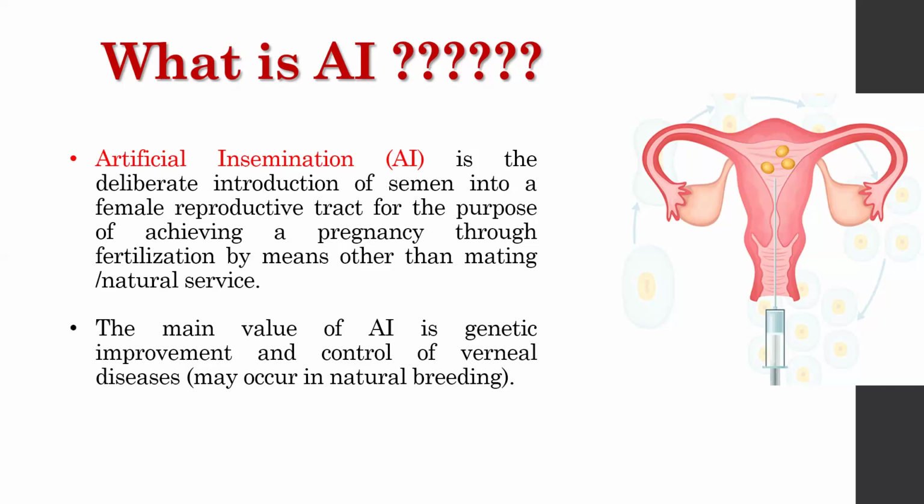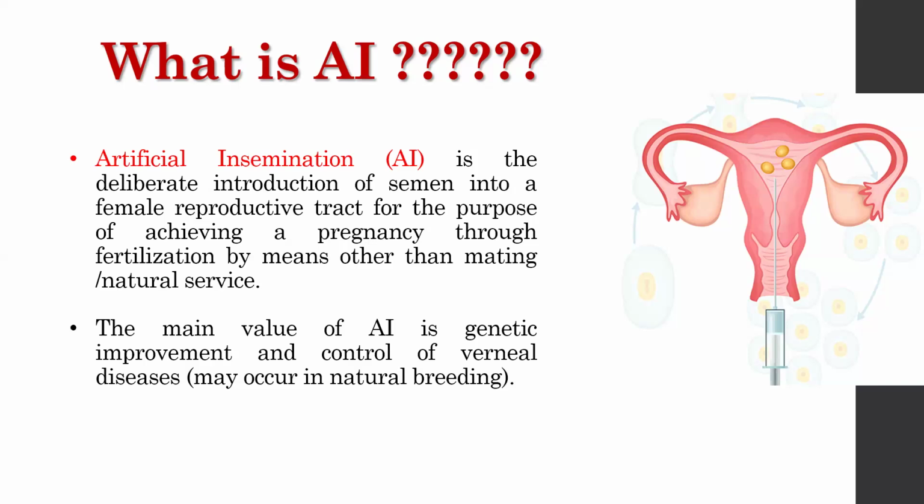So this is the concept of AI. Other than natural service, the human-made effort of introducing semen into the female reproductive tract is considered artificial insemination. And the main goals of artificial insemination are genetic improvement as well as the control of venereal disease.